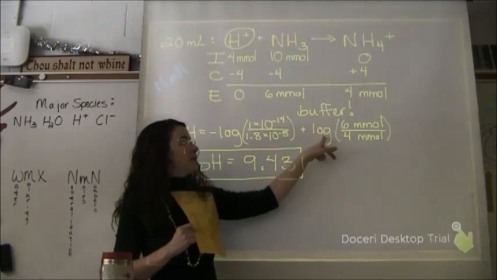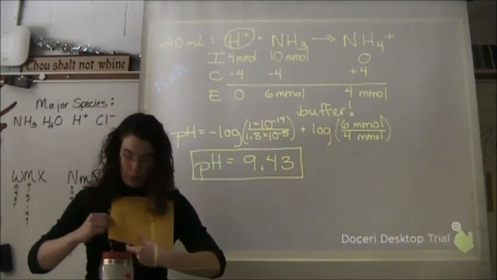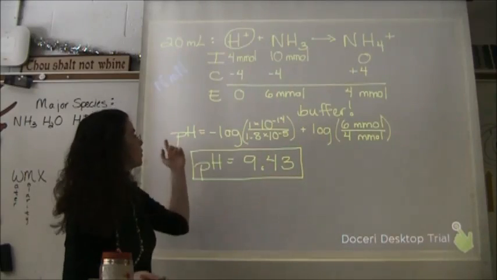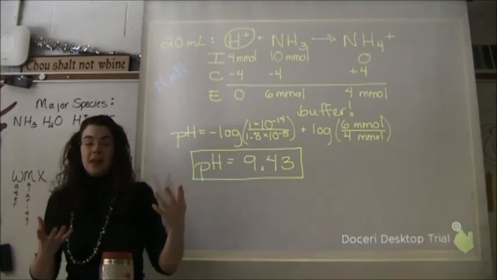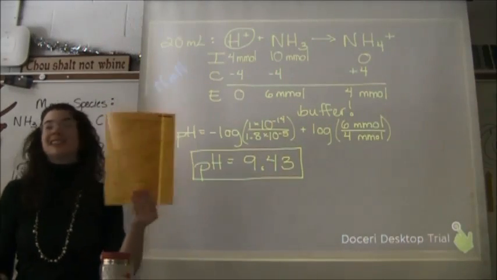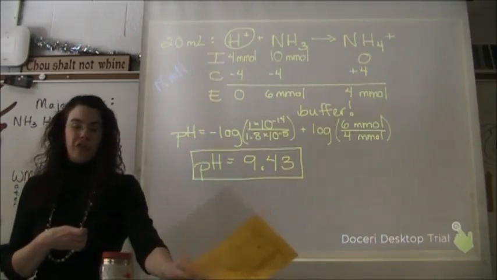Plus log of, instead of base over acid, which is what we usually deal with, flip it, acid over base. If you make all three of these pieces the opposite, that is another form of the Henderson-Hasselbalch equation. It's not written on here, but you could use that if you want.